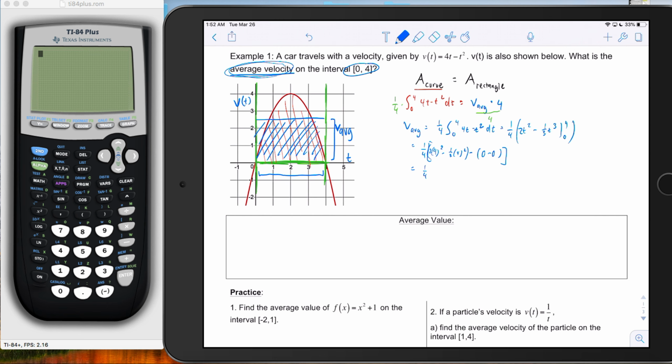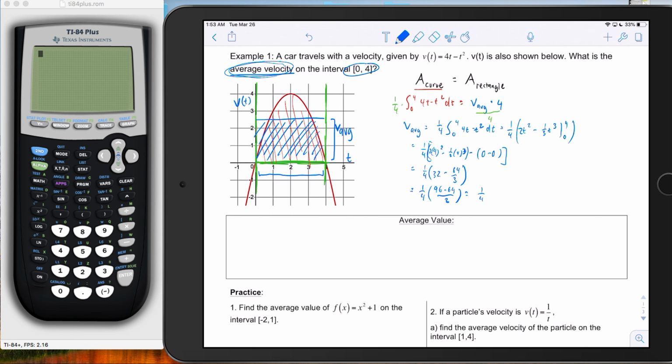2 times 4 squared, 16 times 2 is 32, minus 4, oh, I made another mistake. It should be 4 cubed. 4 cubed is 64, so 64 over 3. Okay, and then why don't we do some fraction stuff? So 1/4, 32, if I want to have a common denominator, multiply by 3, that'll be 96, the common denominator.